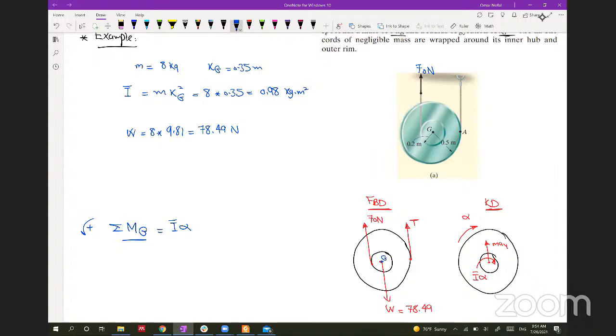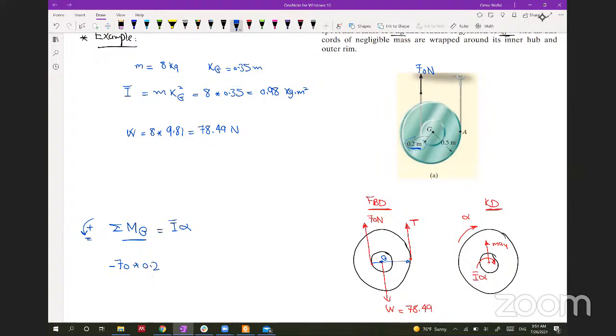So let's get the moment about this point. If I take the moment about this point, I will cancel the W because the arm of the weight will be 0. So we will only have the 70 and the tension. The 70 Newton, from the right-hand rule, will exert a negative moment, so it will be negative 70, negative with respect to the sign I decided, with an arm of 0.2 meter, because the small radius is 0.2.